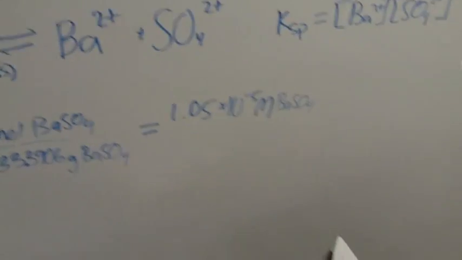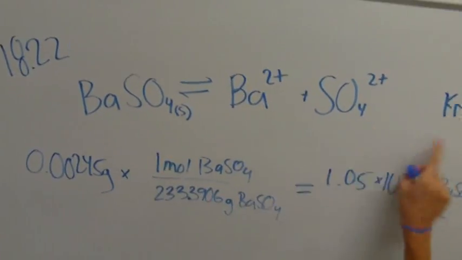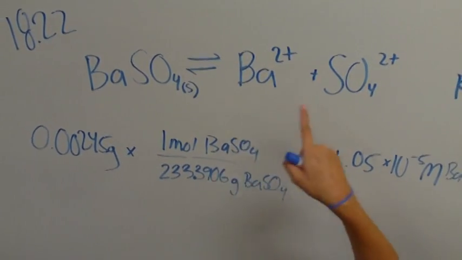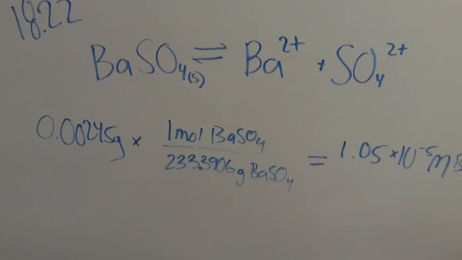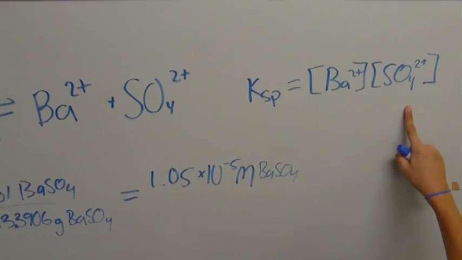So that's the molarity. Since barium sulfate dissociates in a 1-to-1-to-1 ratio, so there's 1 mole of this dissociates into 1 mole of barium ions and 1 mole of sulfate ions, then we can just plug that right into there.